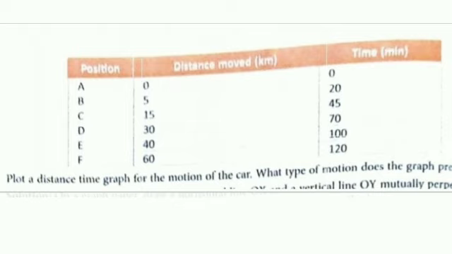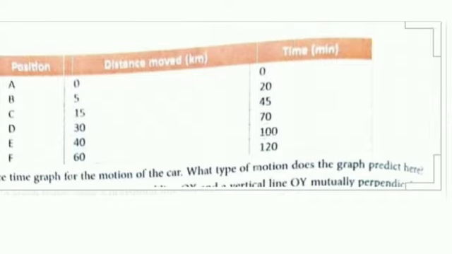Time in minutes: 0, 20, 45, 70, 100 and 120. Plot a distance time graph for the motion of the car. What type of motion does the graph predict here?